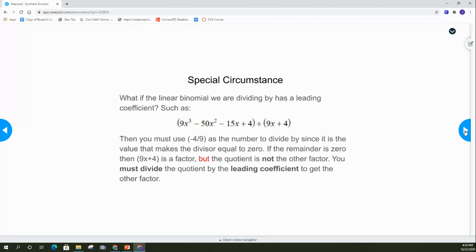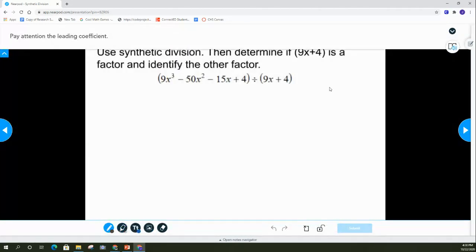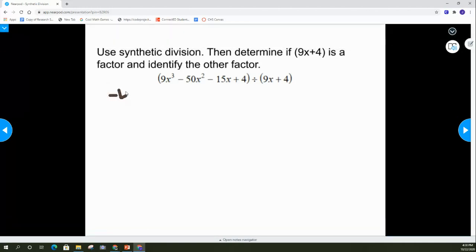So let's do an example. So here's that same problem. If I set it up in the divisor box as -4/9, then I have 9, -54, -15, and 4.